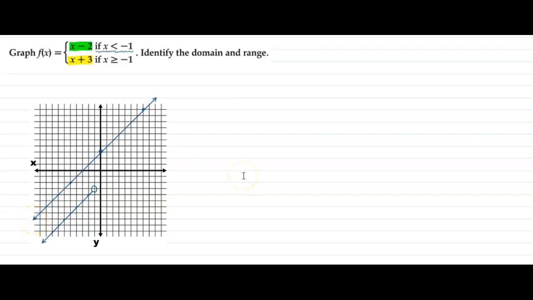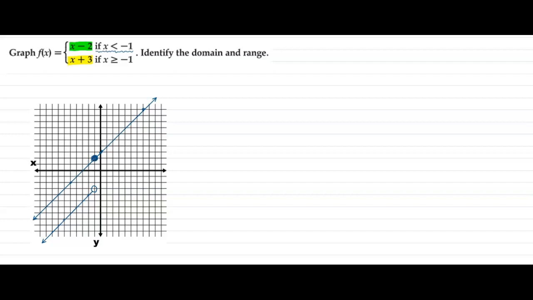All right, now, again, I'm going to grab my small eraser and I'm going to break the line that I just drew at -1. So here's -1, I go up and I break it. I want to put a closed dot right where I broke it because this is greater than or equal to.